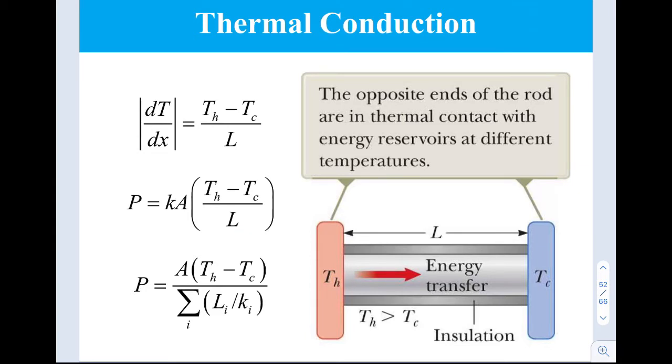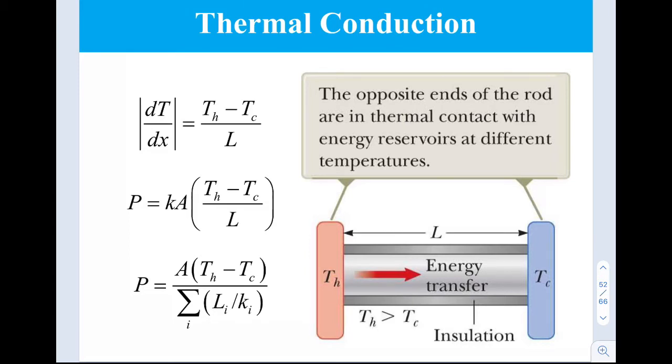For a compound slab containing several materials of thickness L, let's say we have a few materials combined. We have L1, L2, and so on, with different k1, k2, and so on.